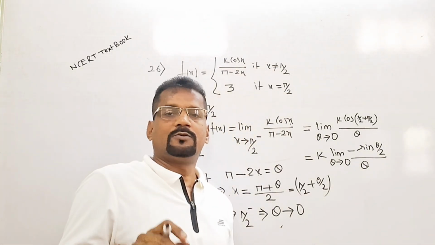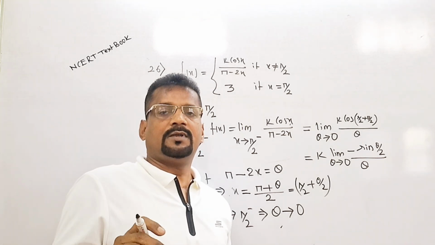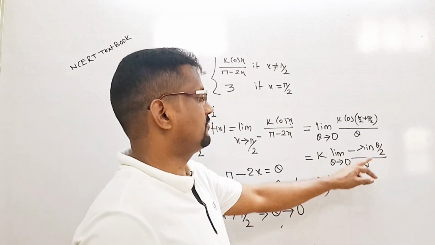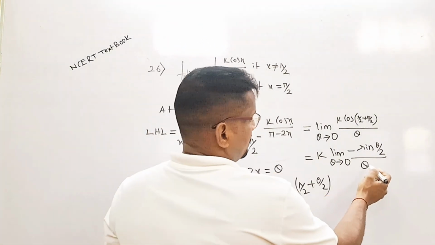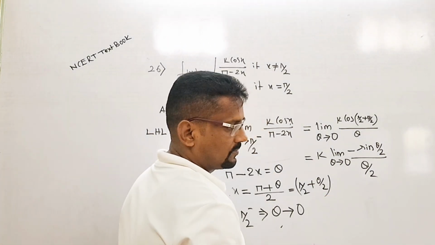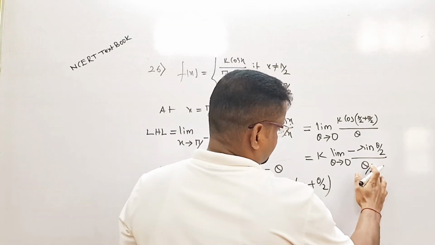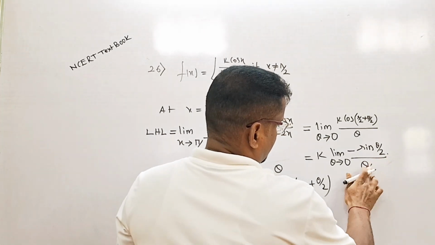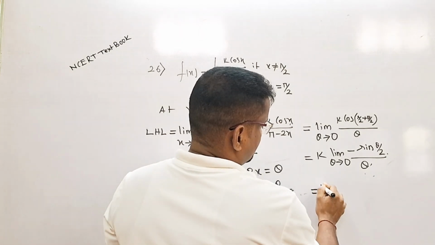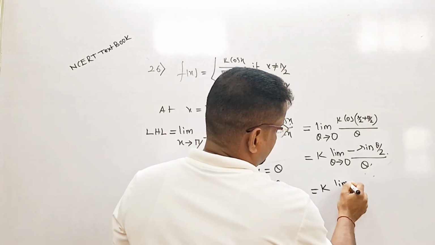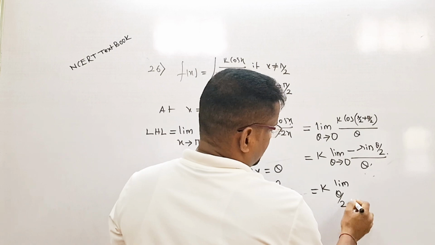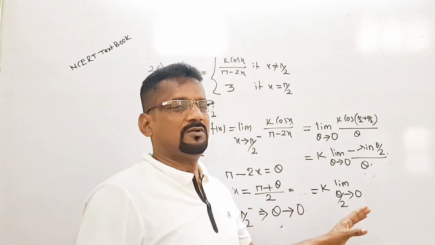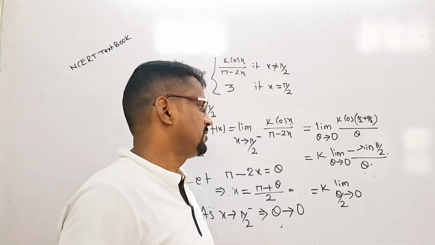Now you know the standard limit: limit x tends to 0, sin x by x is what? 1. So in that format, if you want to write, you have to give here theta divided by 2. So here let me write: equals k limit theta tends to 0, or you can say theta by 2 tends to 0. When theta tends to 0, then multiple of theta tends to 0 also, so theta by 2 also tends to 0.